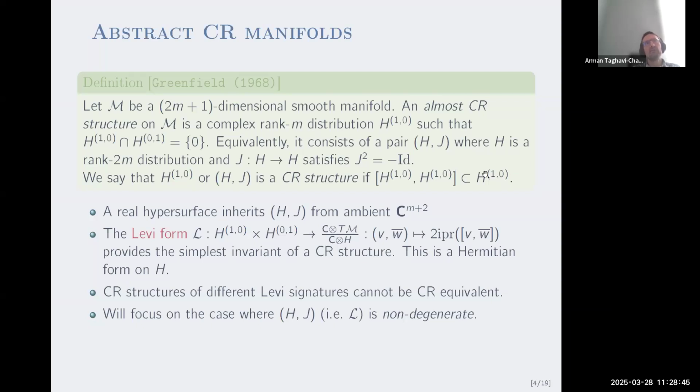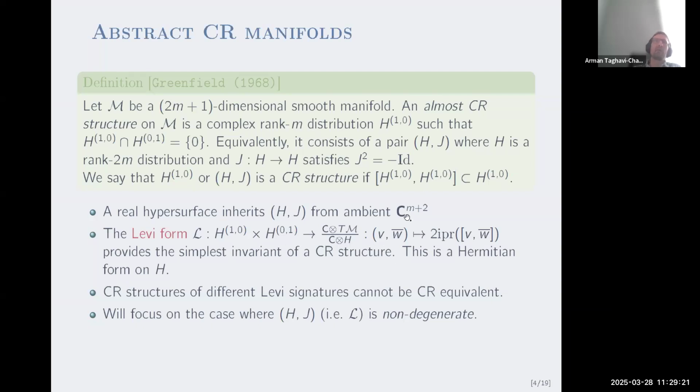You take two sections of H^{1,0}, and you pair them as follows: you take the complex conjugate of one, which is in H^{0,1}, then take the Lie bracket of these two and project onto the quotient of the complexified tangent bundle by the complexified hyperplane distribution.